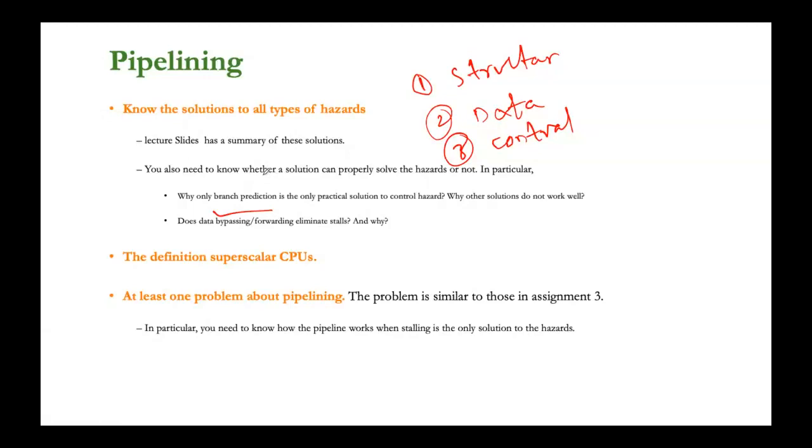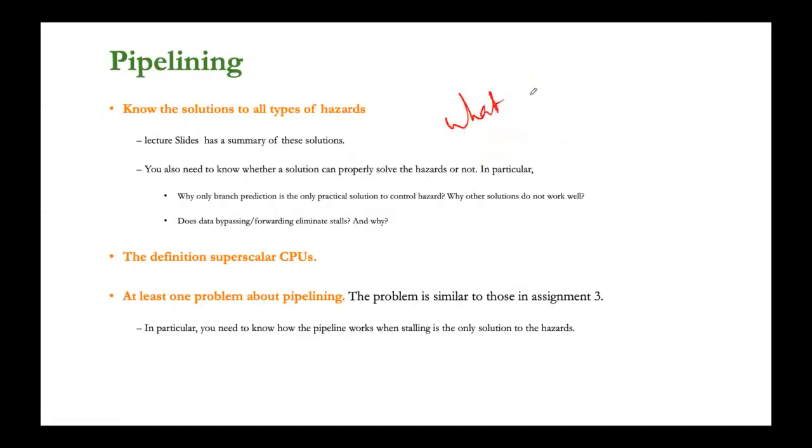And the question may ask you, what is the motivation of employing a separate instruction cache and data cache? Any answer for that? Why?